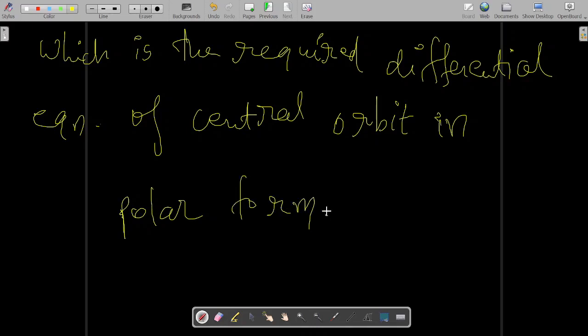Okay. Now this is the differential equation of central orbit in polar form. Now we will do the same thing in pedal form. Okay. Now we will write the question.